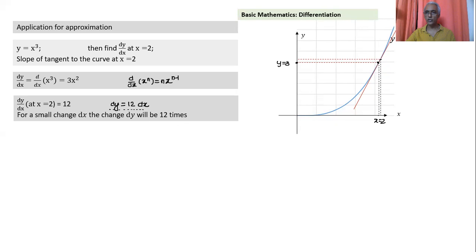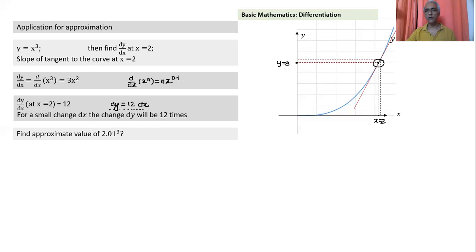If I look at a small part of the curve in the vicinity of the point of tangency, we find that the tangent and the curve almost overlap, which is according to our previous statement: if we take a small part of the curve, it is just like a straight line. So in the vicinity of the point of tangency, the curve can be approximated as the tangent, and you can visually see that also.